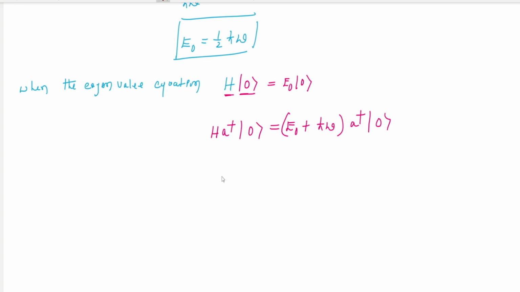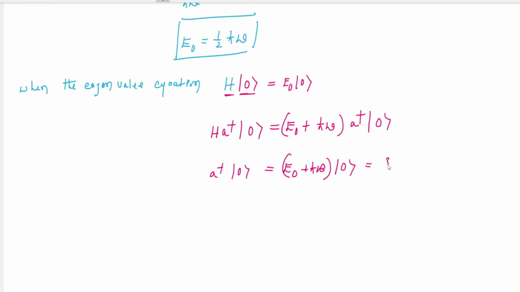Again, I'm going to apply A dagger on this state again. We already know this thing: E0 plus H cross omega we got here, and 0.